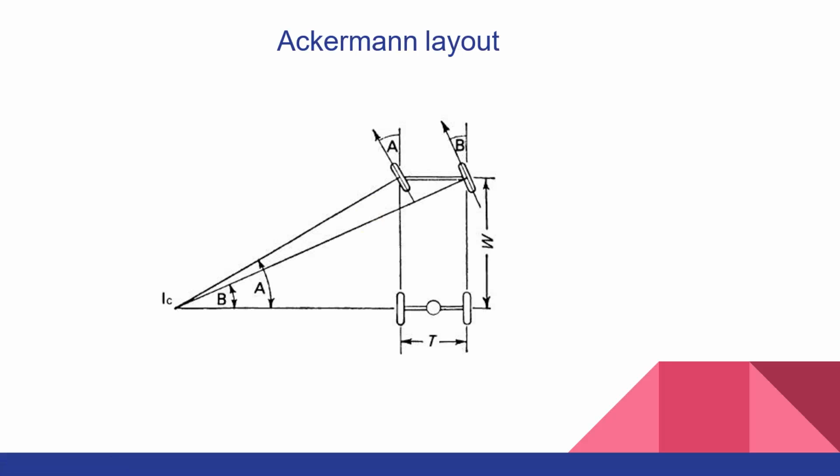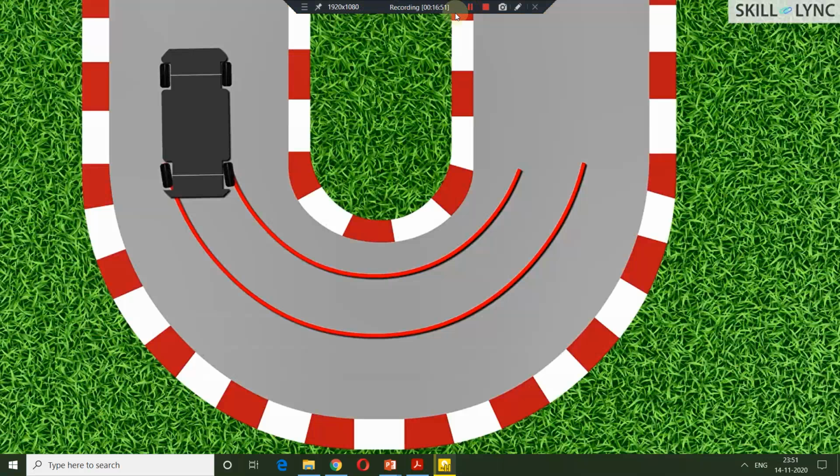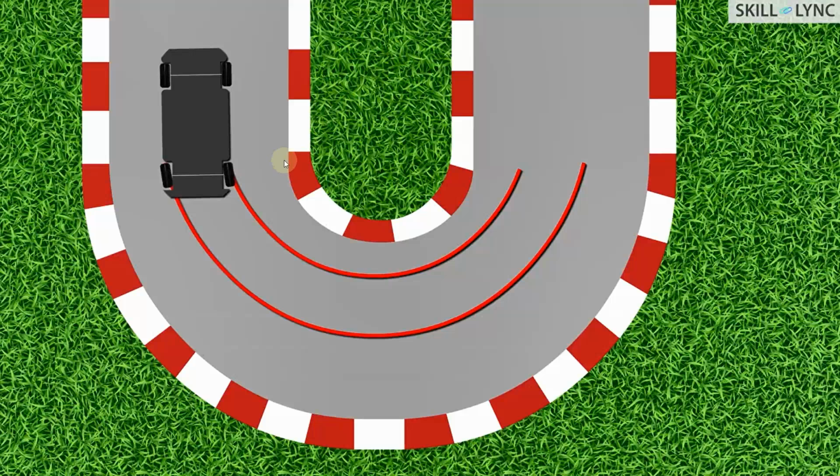So let us see a video of how the Ackermann system works. You can see here that a vehicle is undergoing a turn through a curved road. This is the path that is to be followed by the wheels. This is the inner wheel and it is undergoing a smaller radius, whereas the outer wheel has to cover more distance and it is undergoing a larger radius.